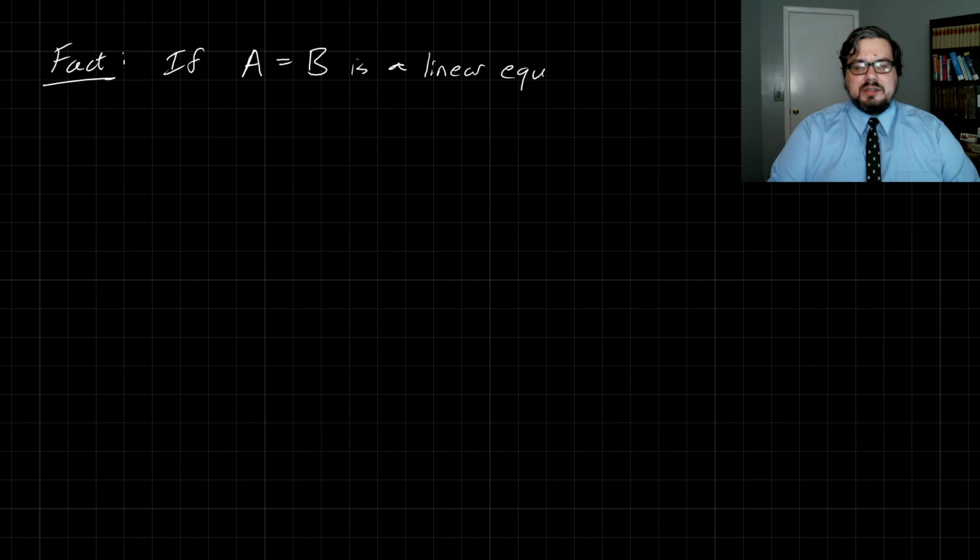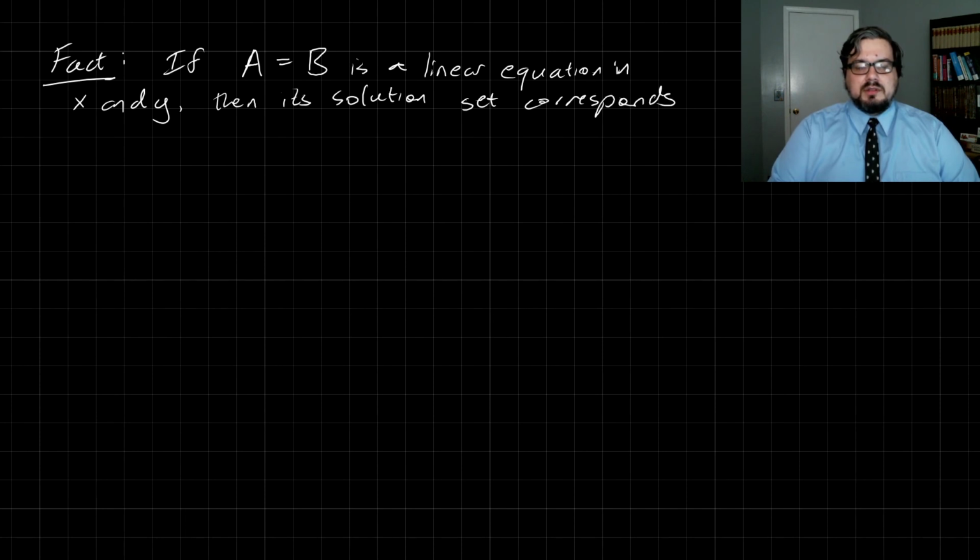In fact, if A equals B is a linear equation in x and y, meaning it uses the variables x and y, then its solution set corresponds to a line in the rectangular coordinate plane.